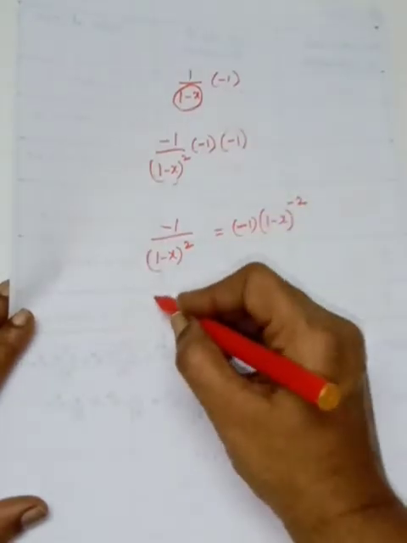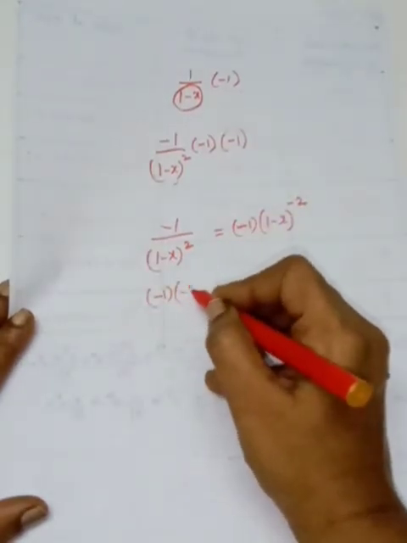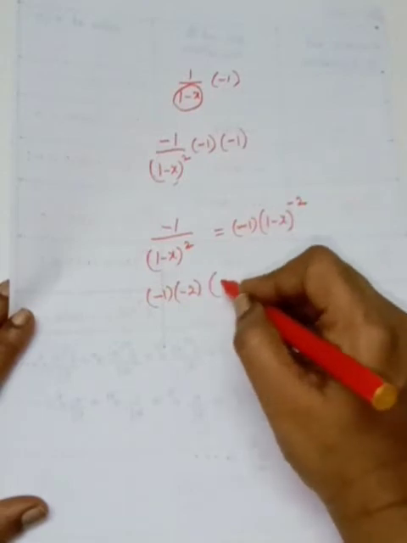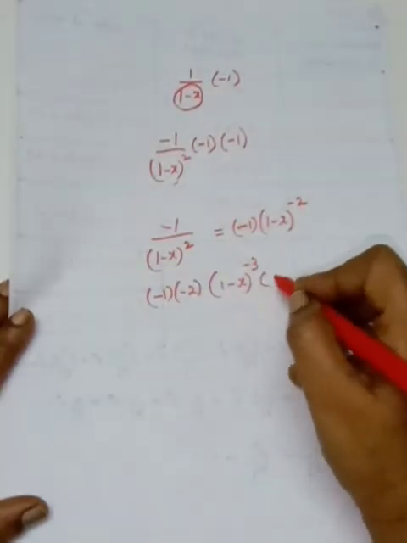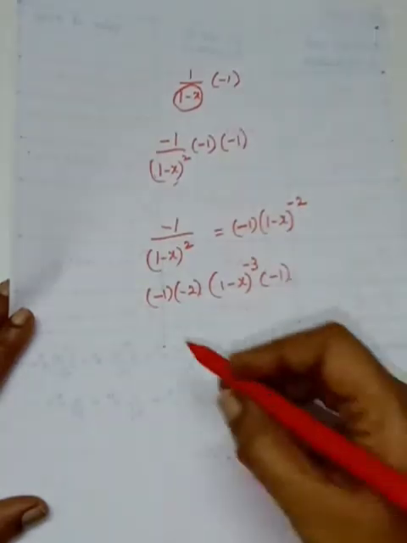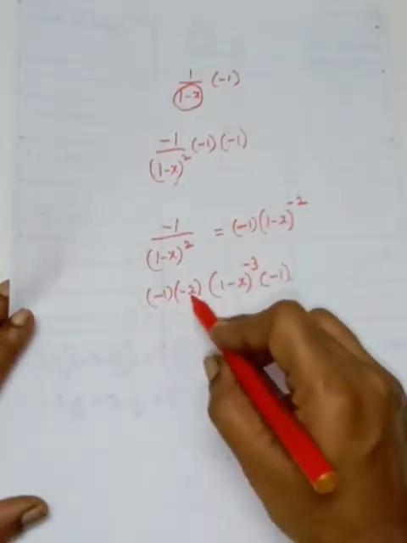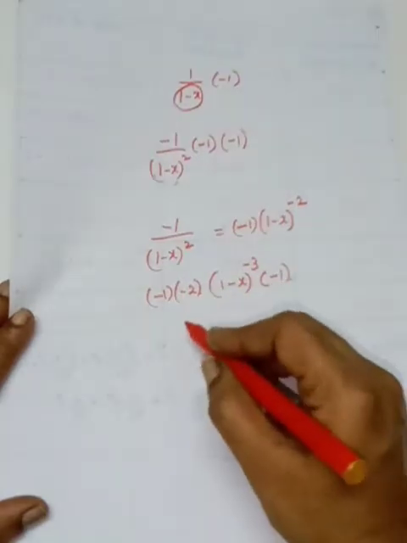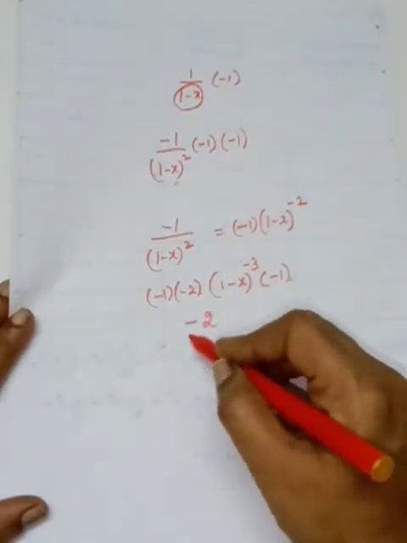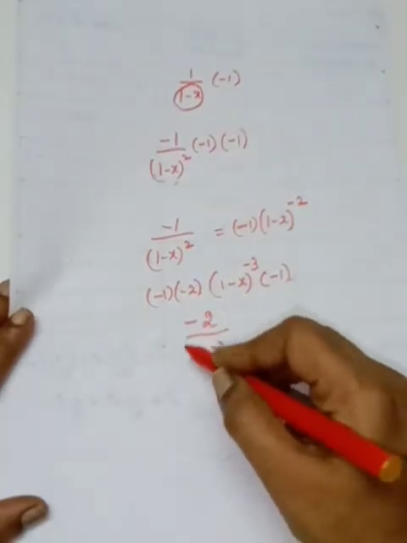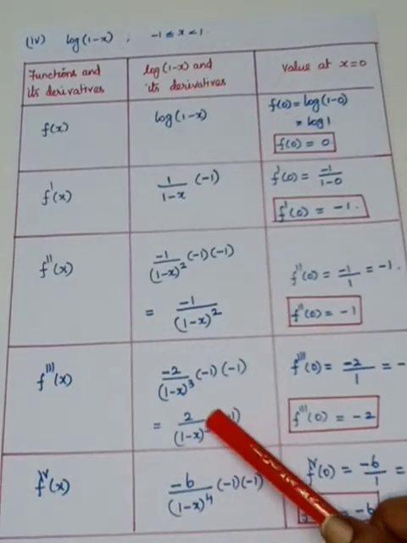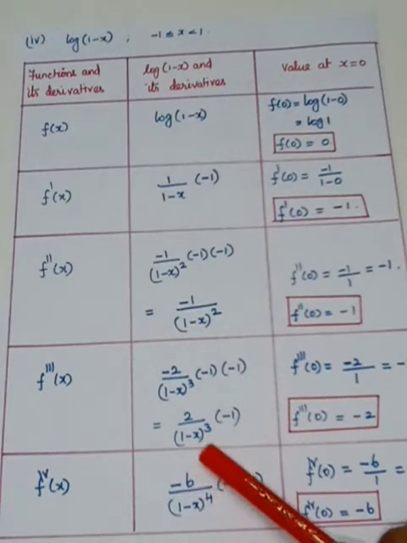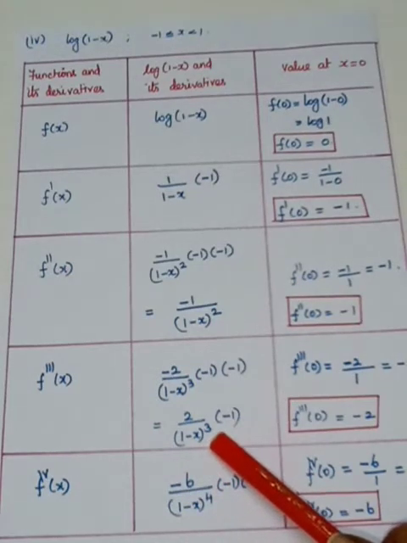Apply the power rule: minus 1 into minus 2 into 1 minus x the whole power minus 3, and if you differentiate, it is minus 1. So you will get minus into minus, here also minus. So it is minus 2 divided by 1 minus x the whole power 3, the answer is minus 2 divided by 1 minus x the whole cube.